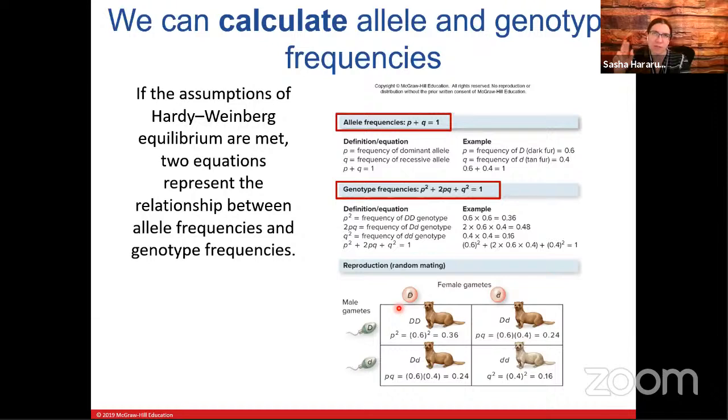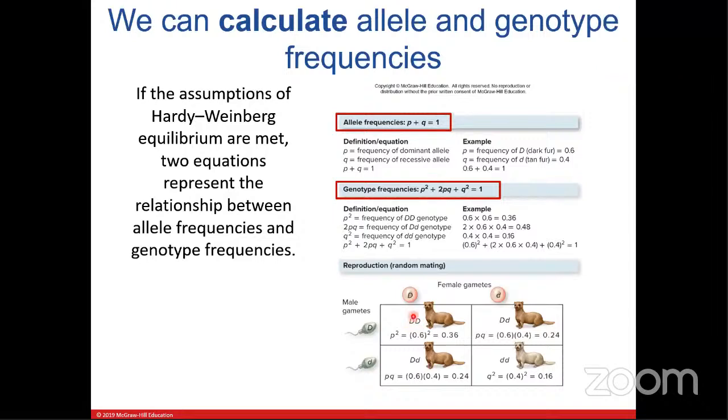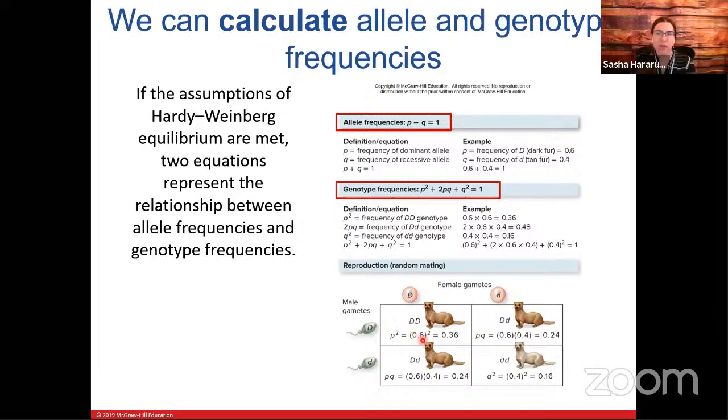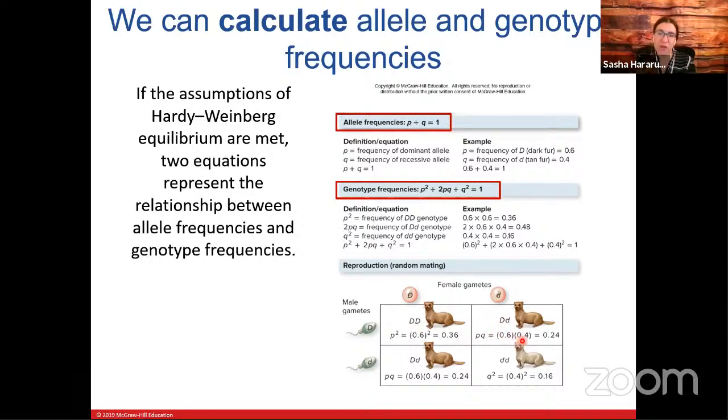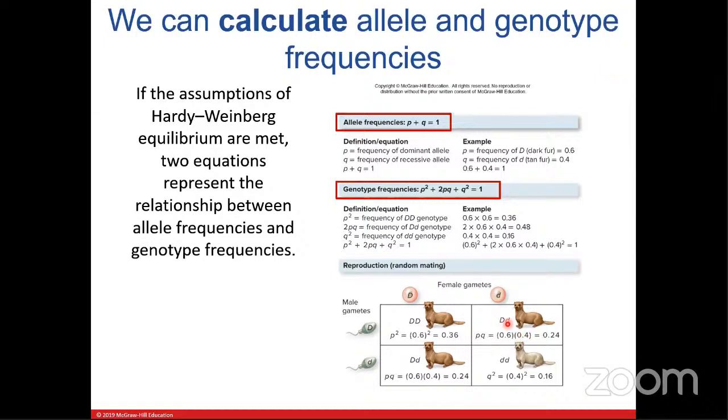Okay, so we had 50-50 frequencies for dominant and recessive alleles. So for the homozygous dominant individual, DD, it would be 0.5 times 0.5, so 25% would be the genotype frequency. For the homozygous recessive individual, it would also be 0.5 times 0.5, because the frequencies of the dominant and recessive alleles are exactly the same.